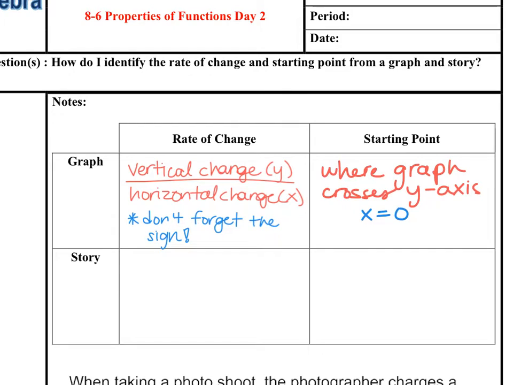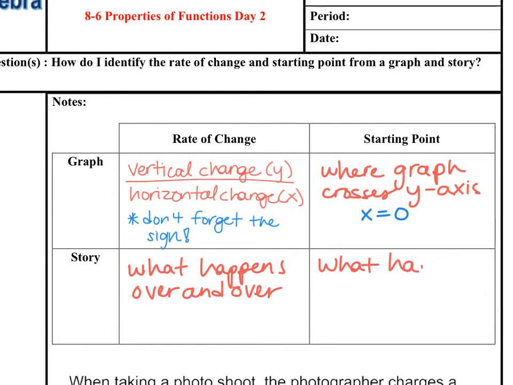Okay, now for a story or a word problem. This should sound familiar. We've talked about this before. The thing that happens over and over every time, adding or subtracting the same amount every time, that is your rate of change. And then your starting point or your starting amount will be what happens once, or what you start with.